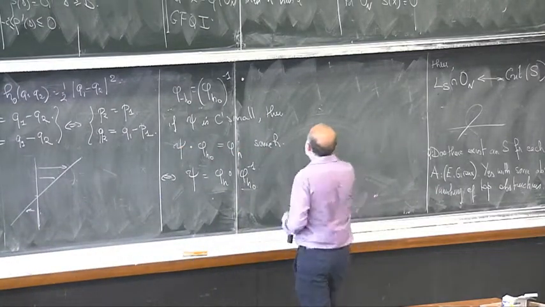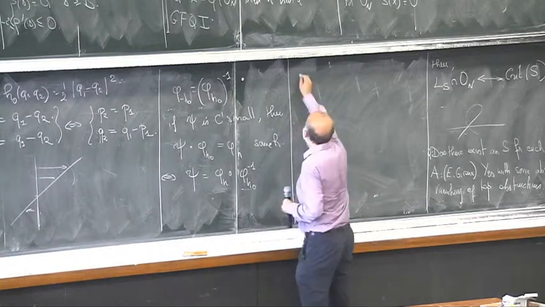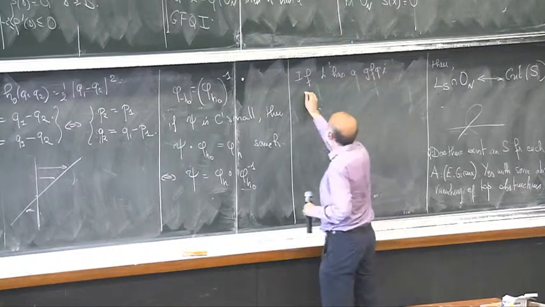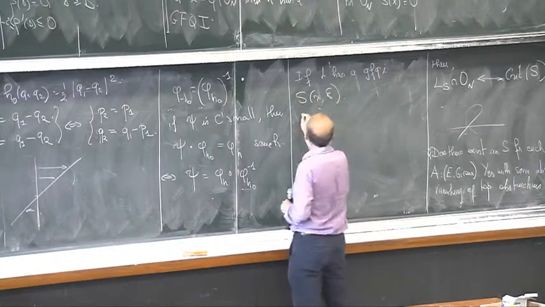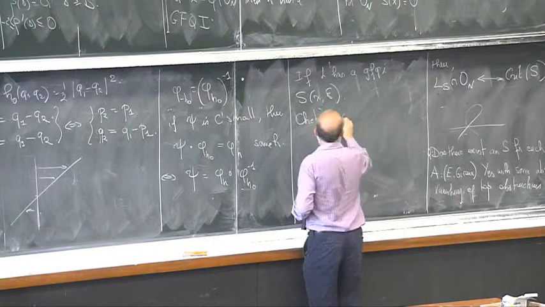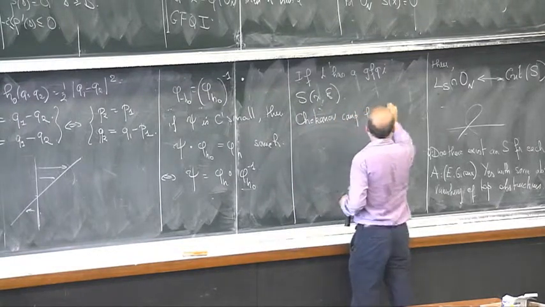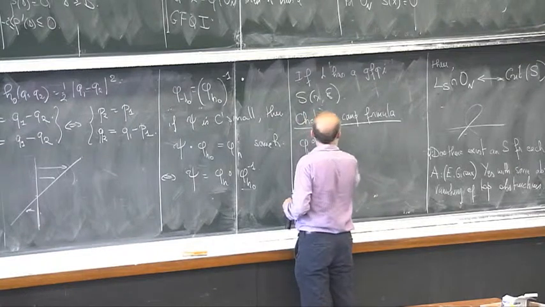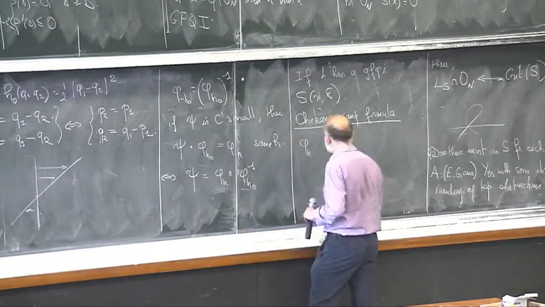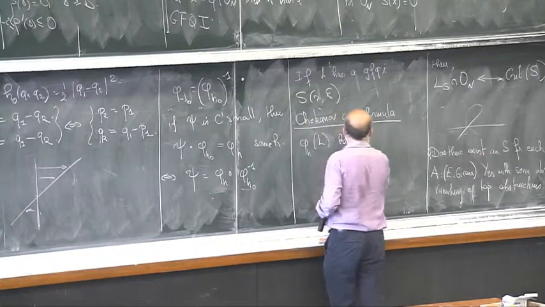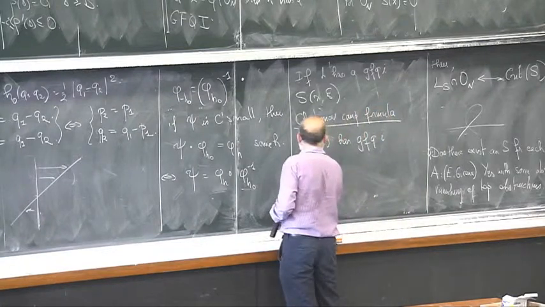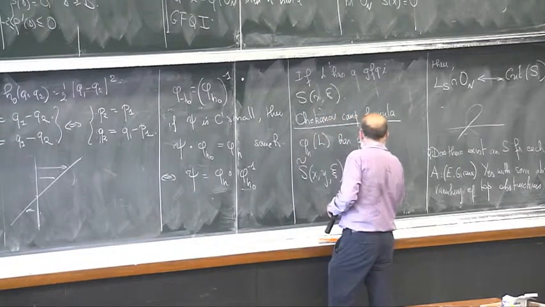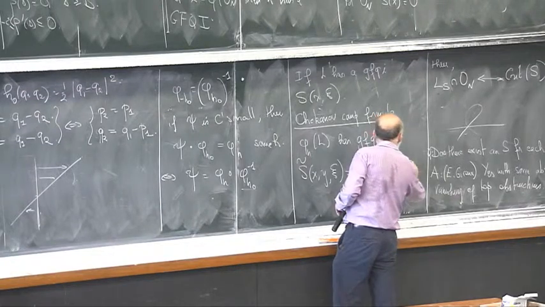Now what's the next step? Well, the next step is that if L has a generating function quadratic at infinity S of x and psi, then we get Chekanov's composition formula, which tells you that phi h applied to L has a generating function quadratic at infinity, which is S tilde of x and y and psi, which is h of x and y plus f of S of y and psi.